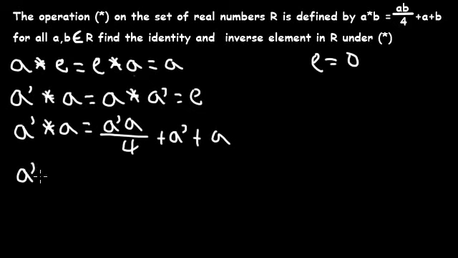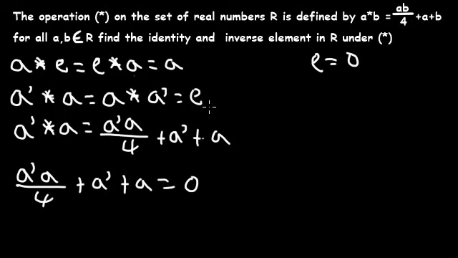Therefore, a'a/4 + a' + a = 0, which is the value of the identity. Now I can bring this a to the other side. We have a'a/4 + a' = -a. Since a' is common, we can factor out a'.